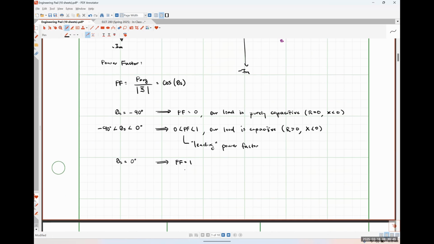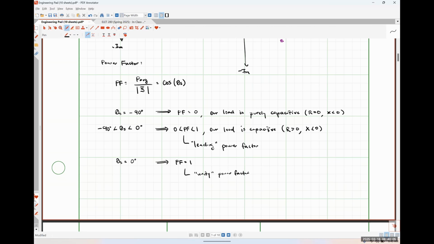And this is commonly referred to as a unity power factor. Unity power factor is not leading, nor is it lagging. It literally just is a fancy way of saying the power factor is 1.